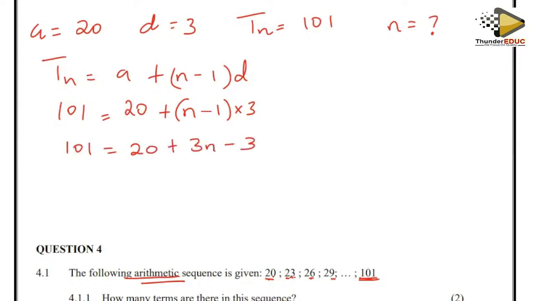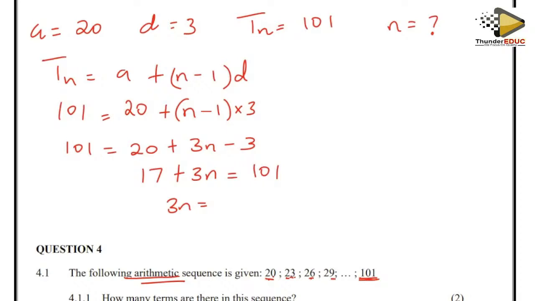Guys, where you put the 101 doesn't matter, whether on the left or on the right, it will be just the same thing. Then 20 minus 3, that's going to be 17 plus 3n. Let me just push it that side, it's 101. And then I can move the 17 to that side, it will be a subtraction. So 101 minus 17.